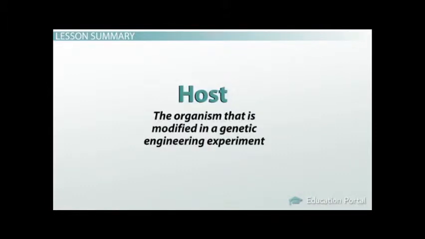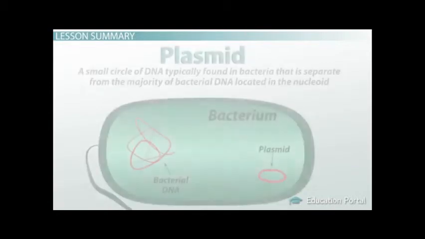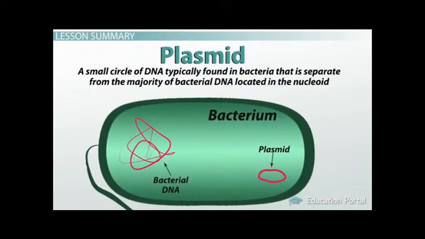A host is the organism that is modified in a genetic engineering experiment. The vector is the vehicle used to transfer genetic material into a host organism. A plasmid is a small circle of DNA typically found in bacteria that is separate from the majority of bacterial DNA located in the nucleoid.